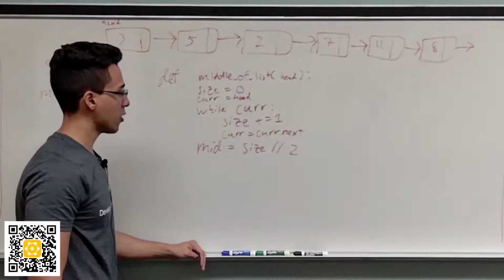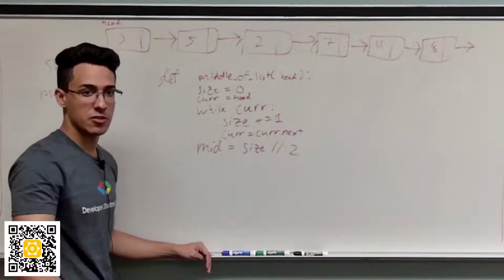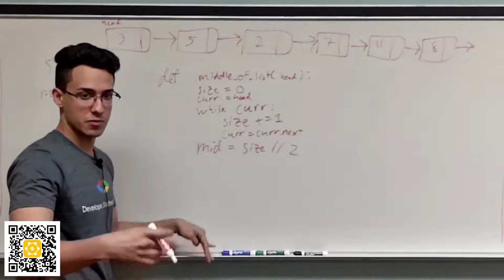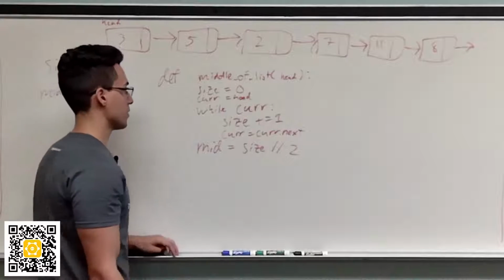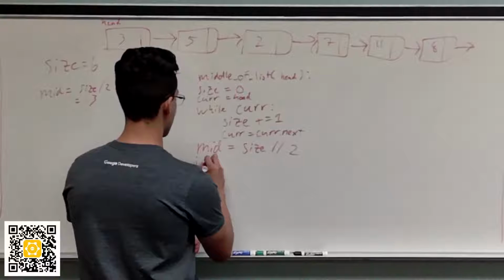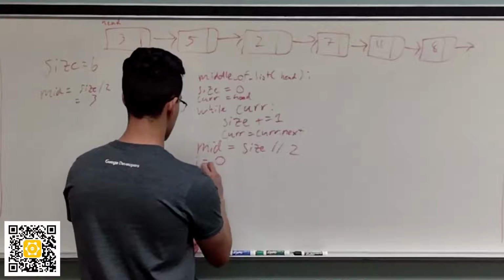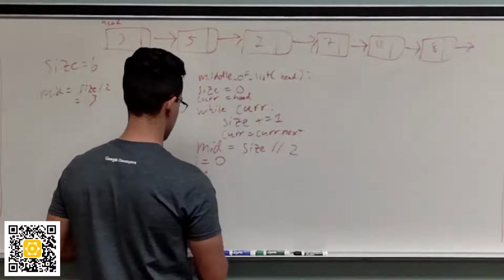Okay, so then we got our middle, and now he said it's just loop up to the middle. So I would say get an iterator i equals 0. I hope they can see that.